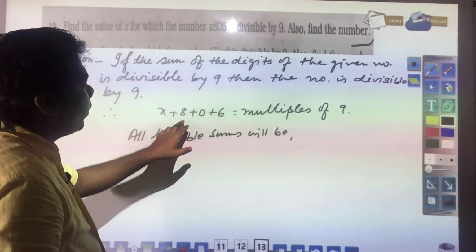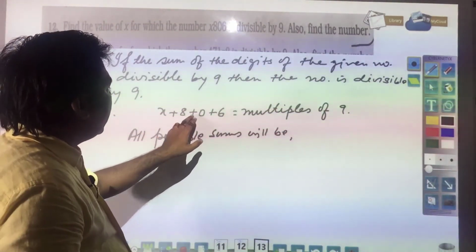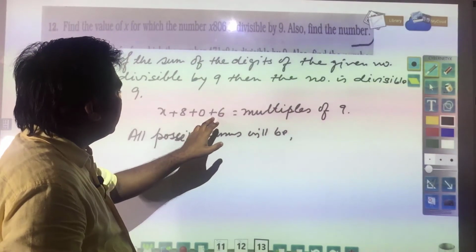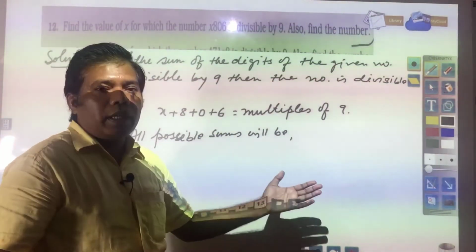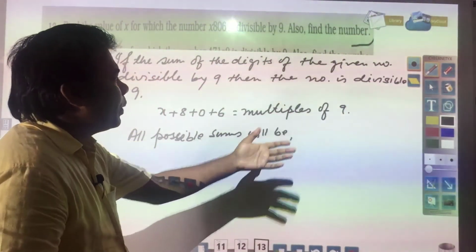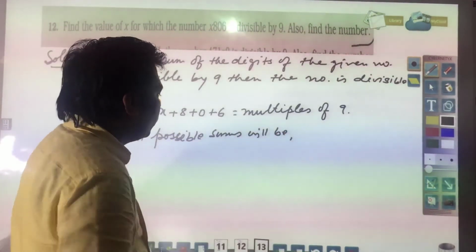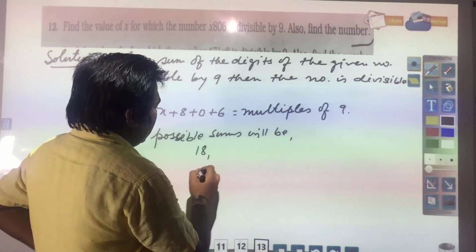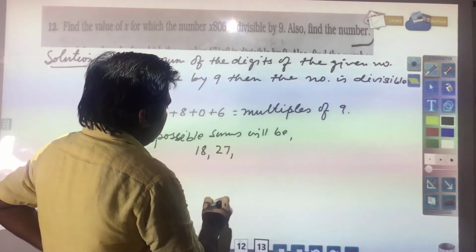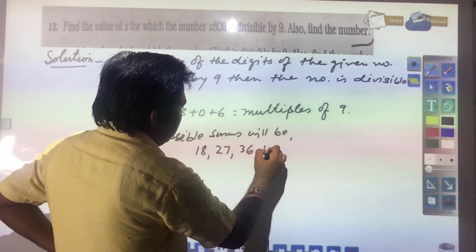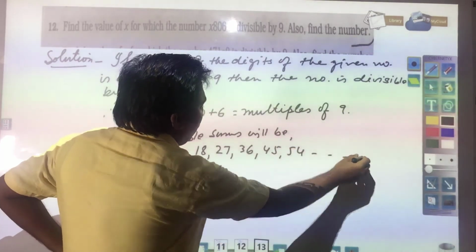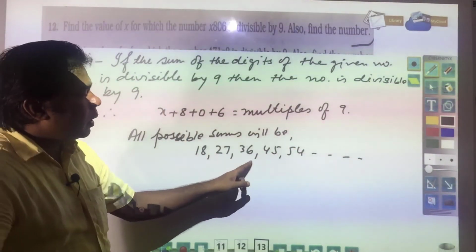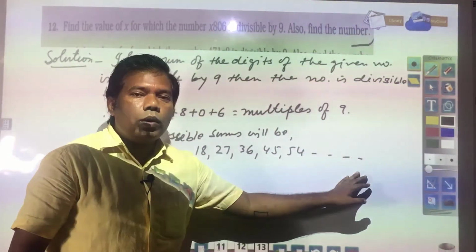What sum will we get? Here you add 8 plus 0 plus 6 is equal to 14. So, after 14, the multiples of 9 will be 18, and so on: 18, 27, 36, 45, 54 and so on.